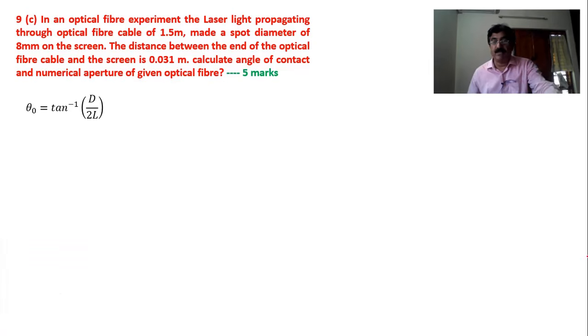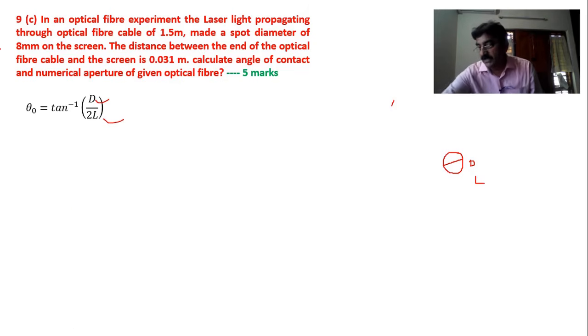In the optical fiber experiment you get a circular spot. On the graph sheet you get a circle like this. It will have a certain diameter, that is D, and L is the length from the optical fiber to the screen. So L is given, D is given. Now we have to calculate theta naught.